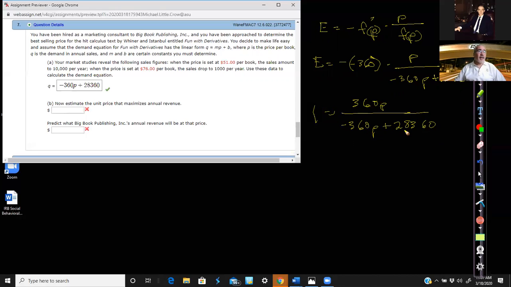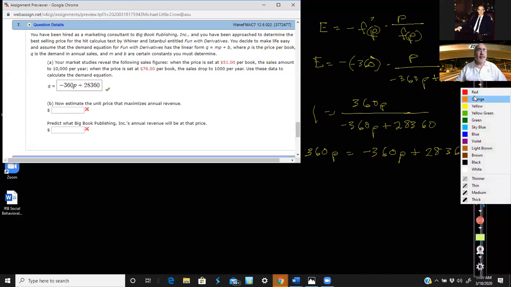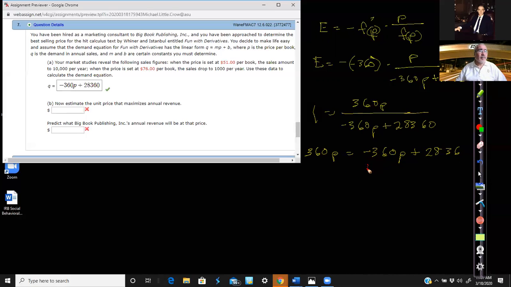We cross multiply, so cross multiplying gives us 360P equals negative 360P plus 28,360. We add 360P to both sides. That gives us 720P, which is equal to 28,360.